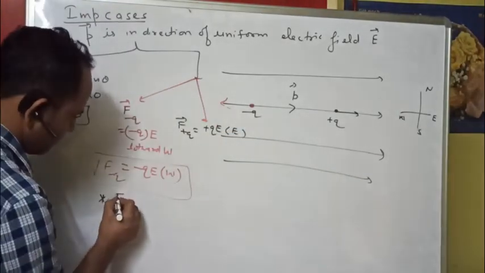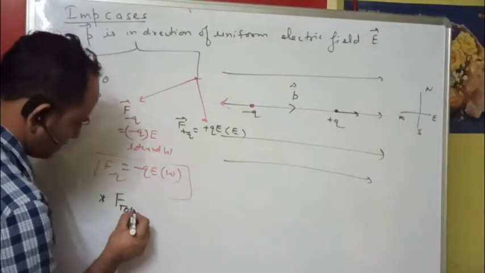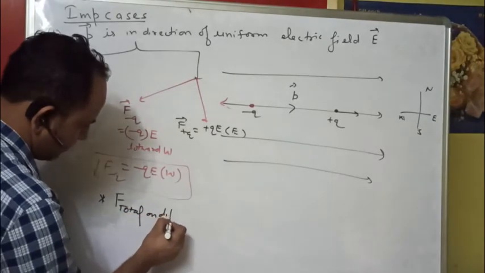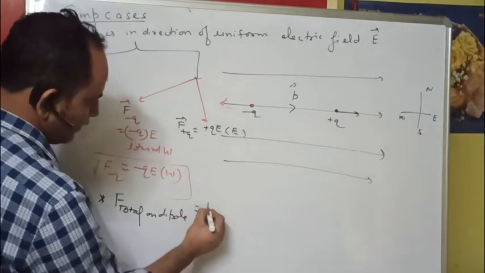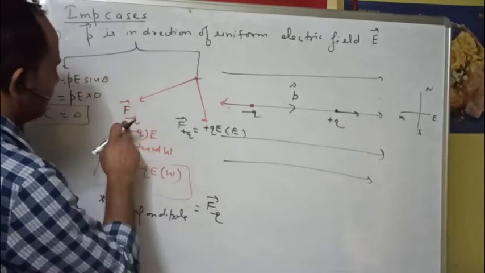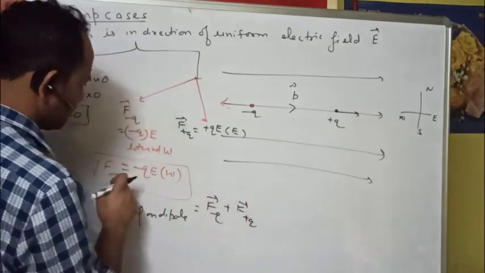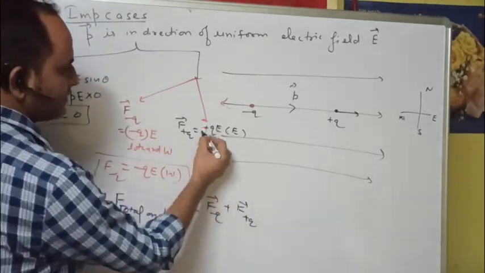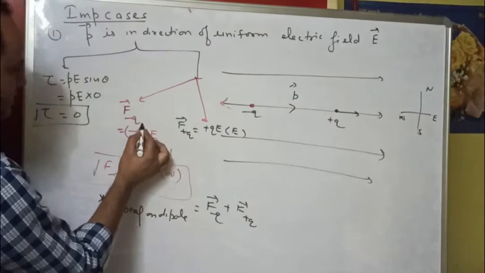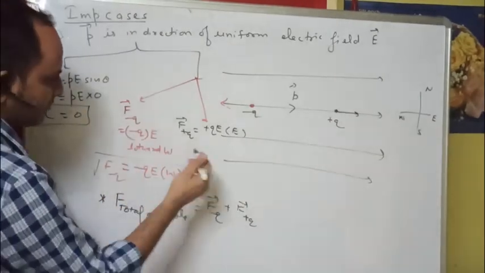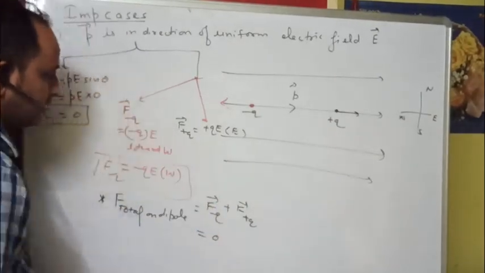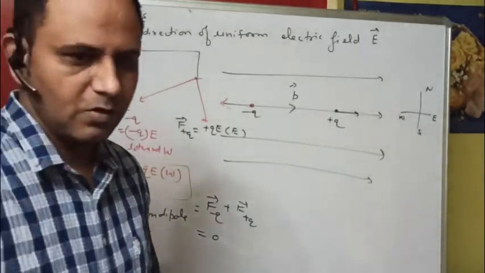So the total force on the dipole will be the vector sum of this force plus this force. Both forces have the same magnitudes, but they have opposite directions. So the vector sum will be 0 in this case.